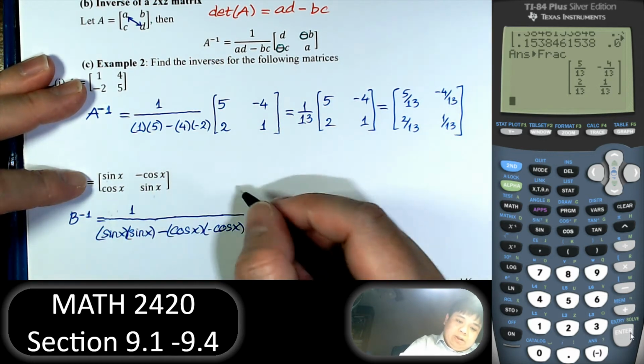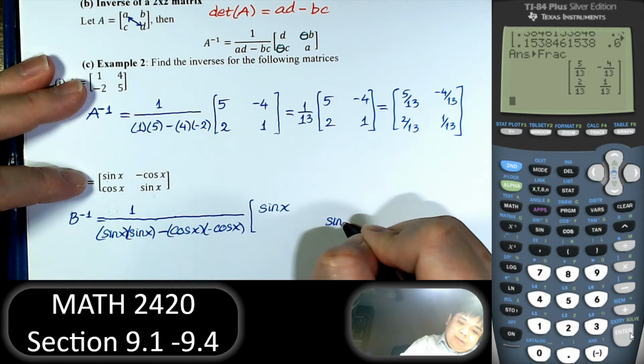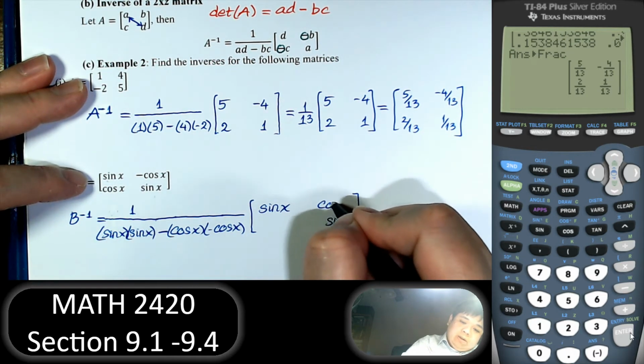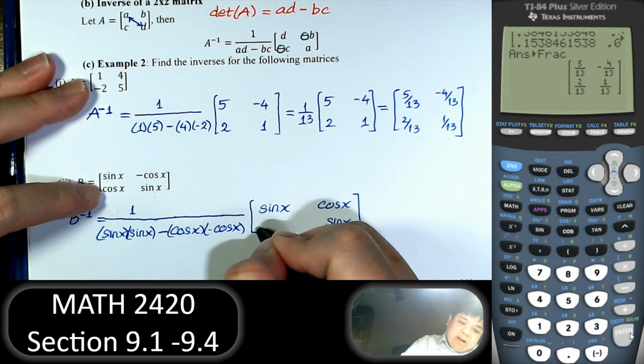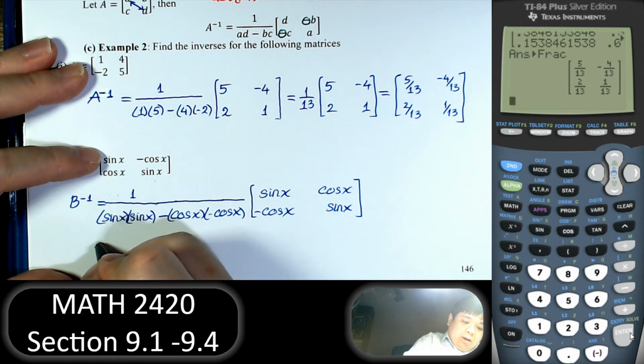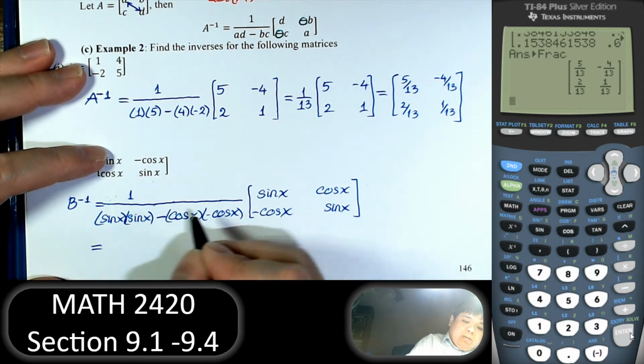Then interchange these two and change the sign of the other two, this to cosine of x and negative cosine of x. And we just have one over sine square plus cosine square.